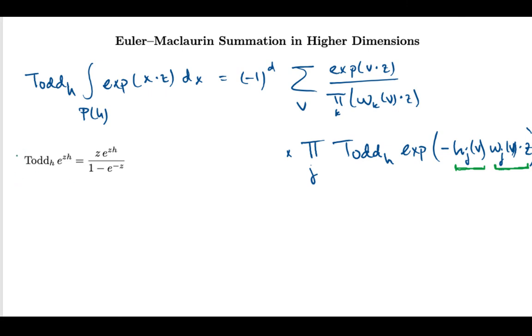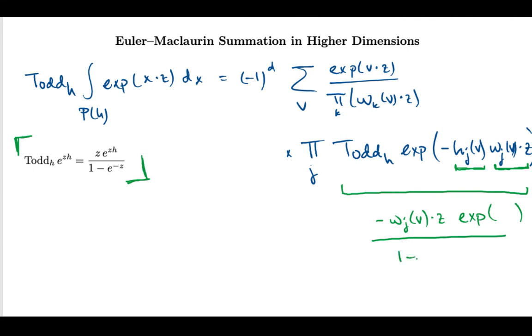So we're precisely in the form where we can apply our basic lemma, how the Todd operator acts on an exponential. This means that this expression over here equals, well, first we have a negative wj dot z, and then we have an exponential of the kind that you see up on top, divided by 1 minus e to the wj dot z. There's two minus signs now, and they cancel each other.